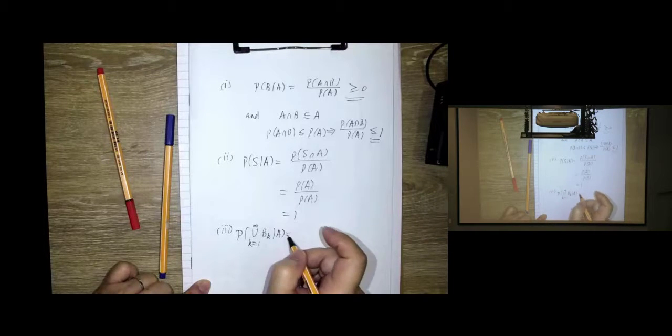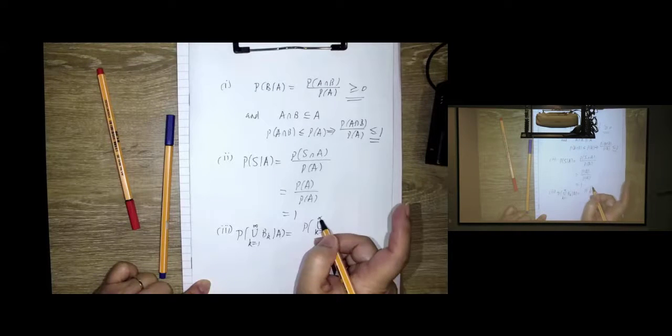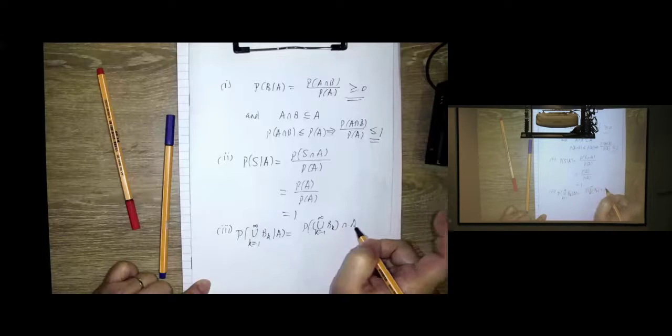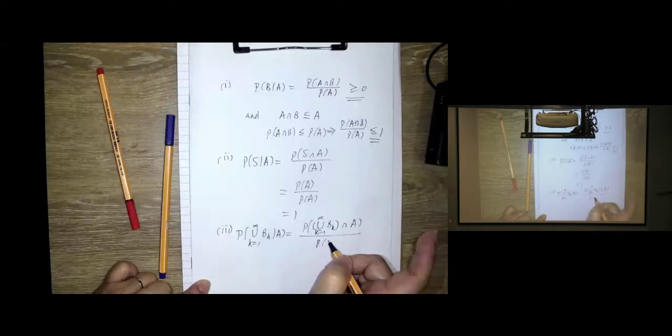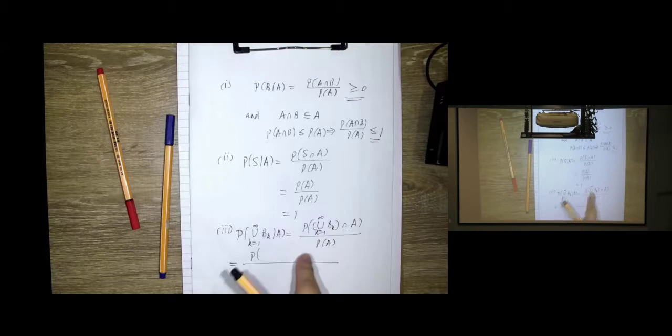Okay, again, this comes from the intersection A, probability of A. Now you think of the intersection as multiplication, and the union as sum, so you can actually multiply it in.